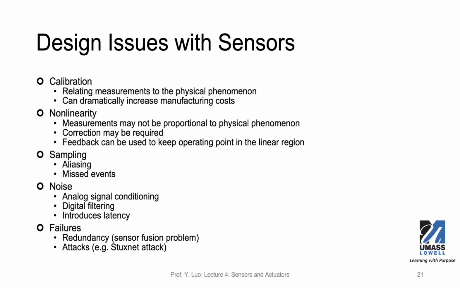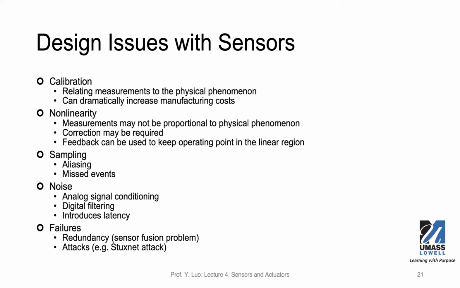Also, non-linearity. Some of the models, for example the accelerometer model, will assume the spring property and the damper property are all constant. That might not be true in certain situations, so correction might be required.